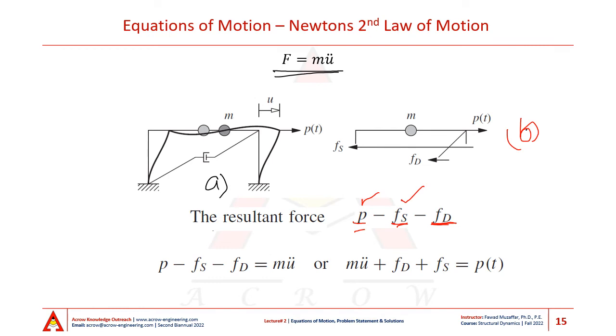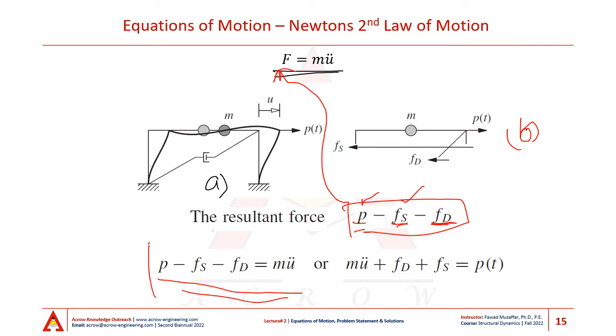Now, if I write all of this and take it to the left hand side of my equation, it results in this equation which has all the forces on the left side and mass times acceleration on the right hand side. Rearrangement of this equation gives me m u double dot plus Fd plus Fs is equal to P(t).